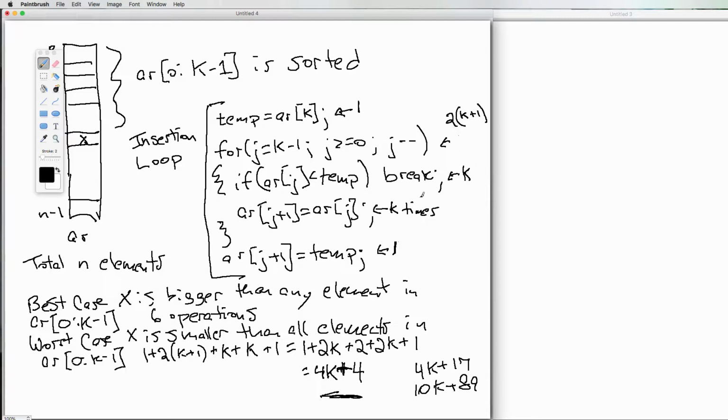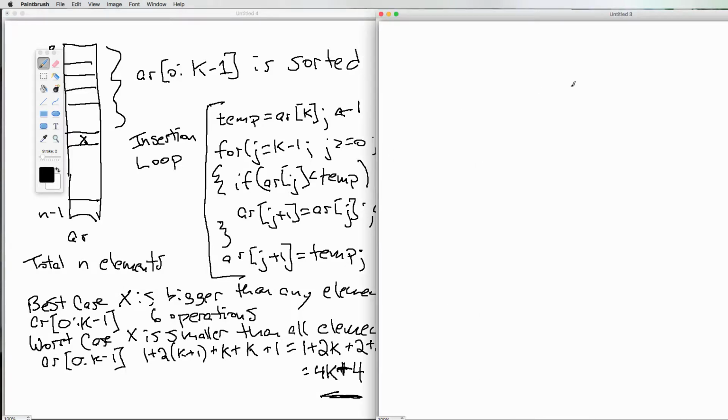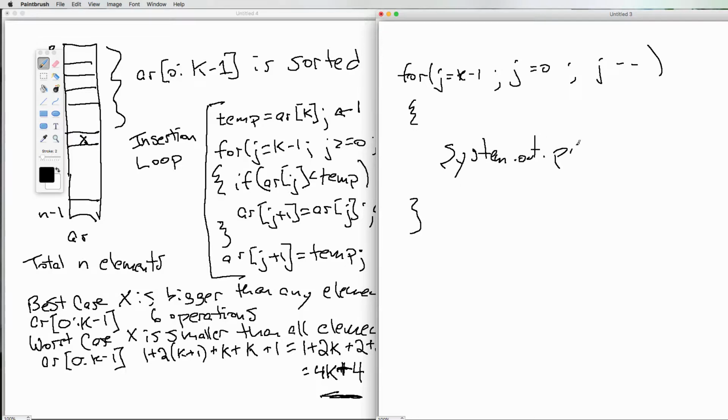But here is the point that I notice. I have a loop that basically looks like this. It goes for j equals k minus 1, while j is greater than or equal to 0, j minus minus. And there's some stuff inside of here. Now, why don't we make the stuff inside here really simple? Why don't I just put a System.out.println hello.